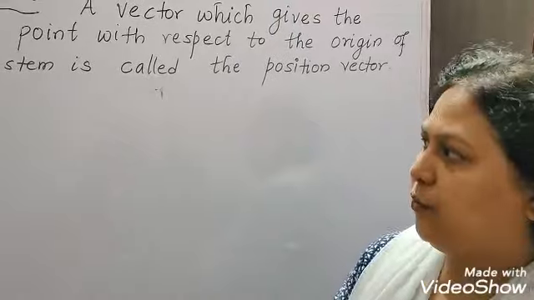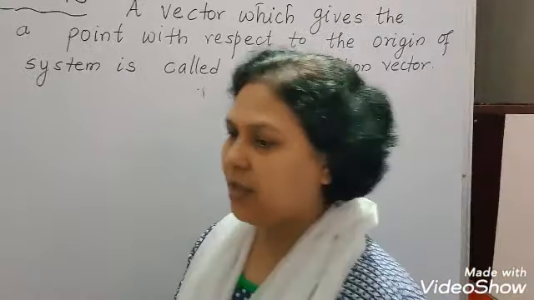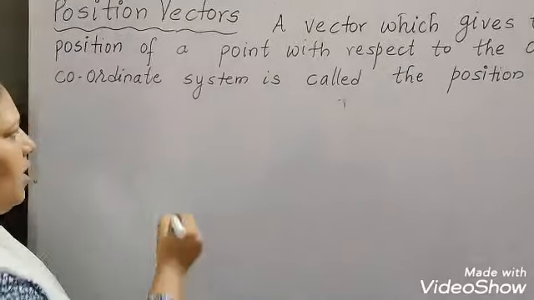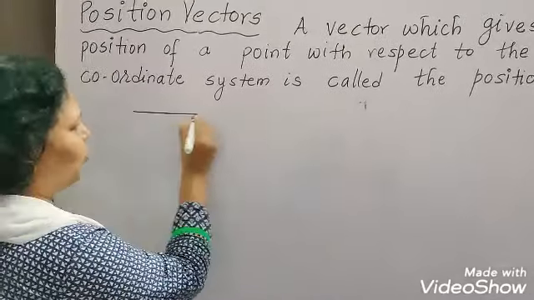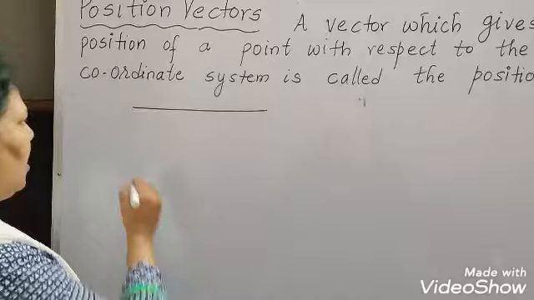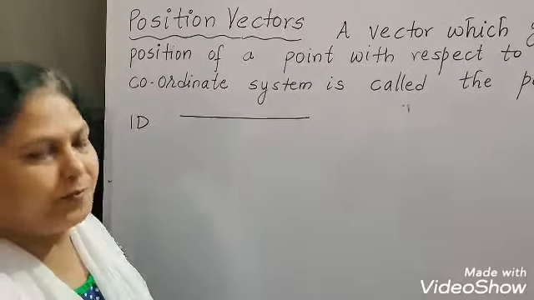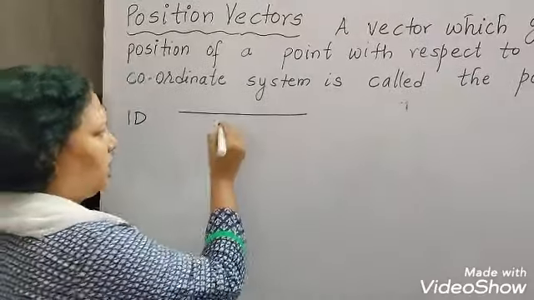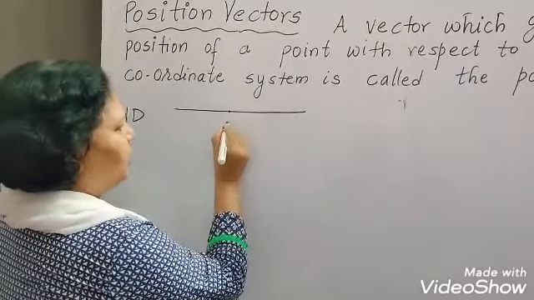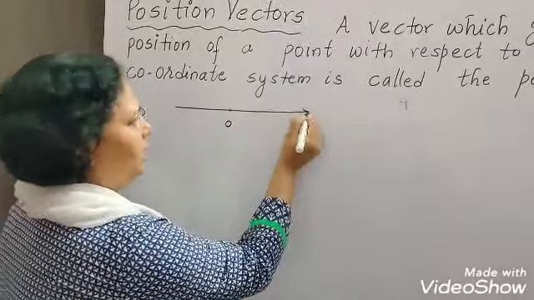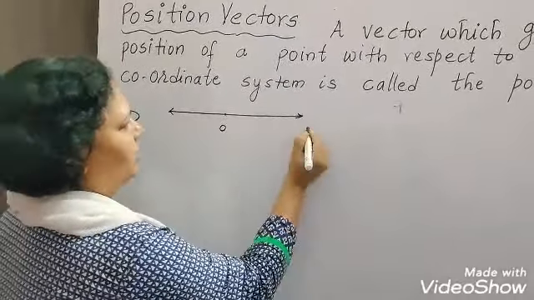For example, you can see here, suppose we are taking a straight line. That means we are talking here about one dimension. So suppose this point is the origin and you consider this line as the x-axis.